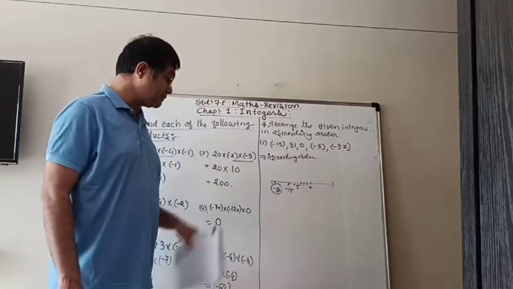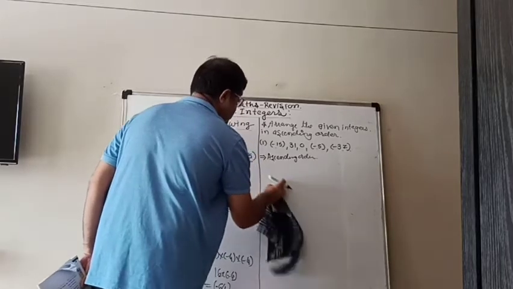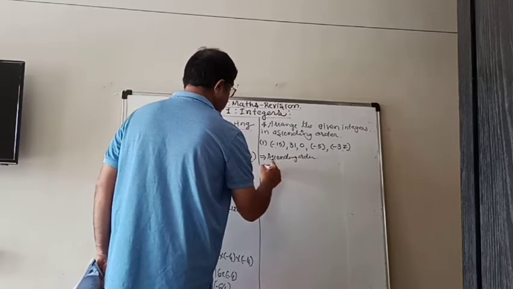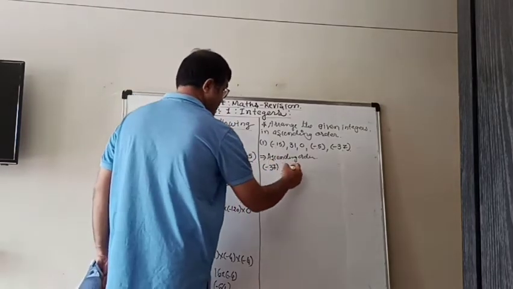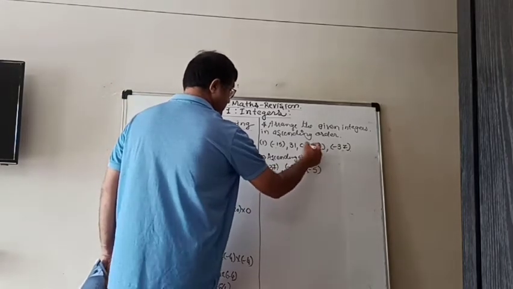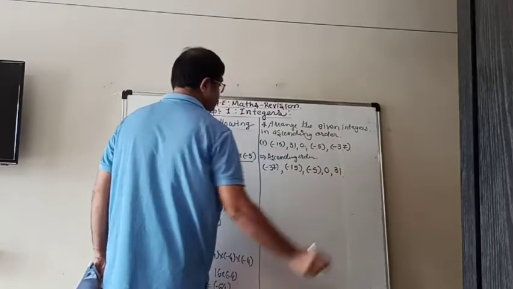It means that -37 is the smallest number among these. So -37, then -15, then -5, then 0, and then 31.